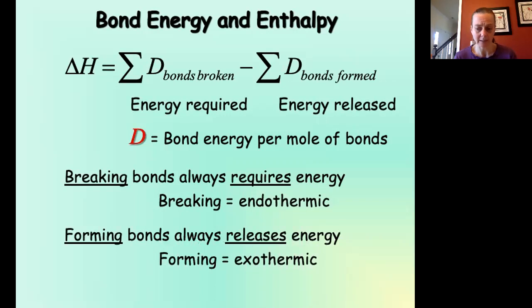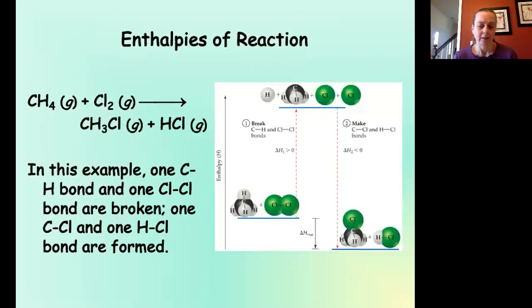So we'll look at another example. We have methane reacting with chlorine gas to form methyl chloride and hydrogen chloride gas. So in this example, in order for this to happen, one carbon to hydrogen bond has to break, the chlorine to chlorine bond has to break, and then a carbon to chlorine bond is formed and a hydrogen to chlorine bond is formed.